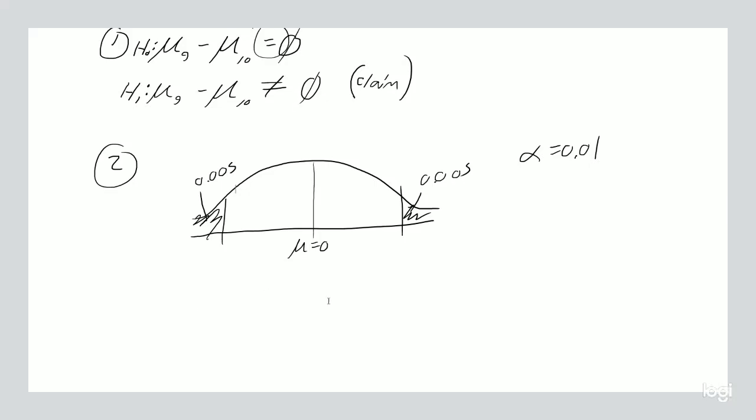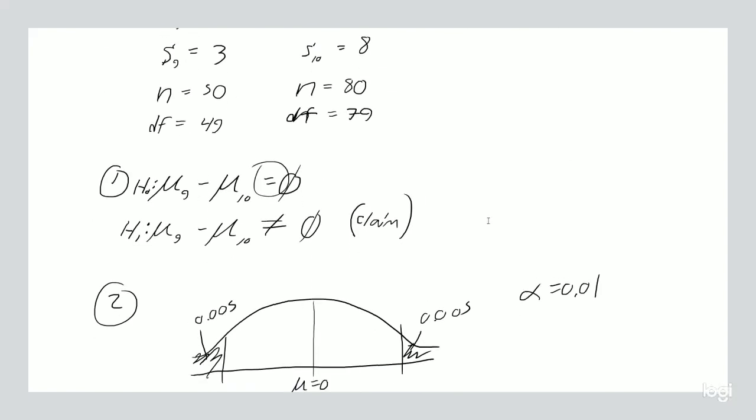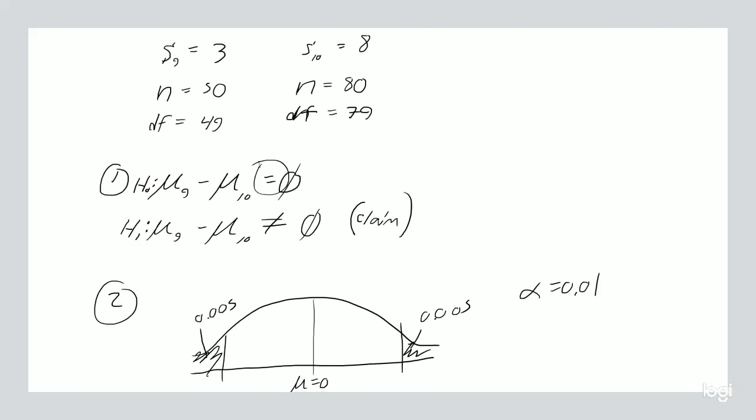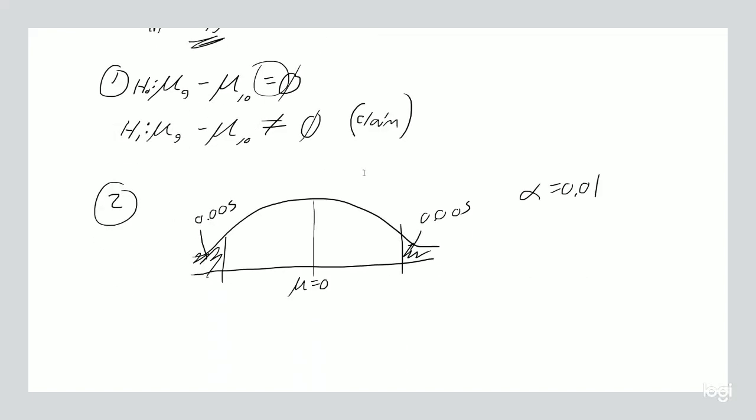In our degree of freedom, now in different situations there's different ideas of what your degree of freedom should be, considering the fact that you have two different sample sizes. A common way of handling this is going with the smaller value, a chain being as strong as its weakest link. So we're going to go with our degree of freedom of 49. This is the smallest one. So degree of freedom is 49.